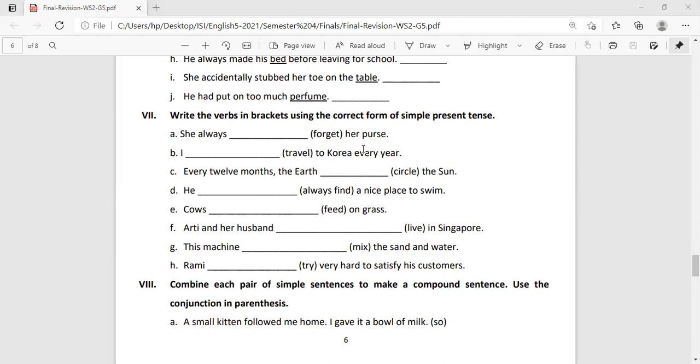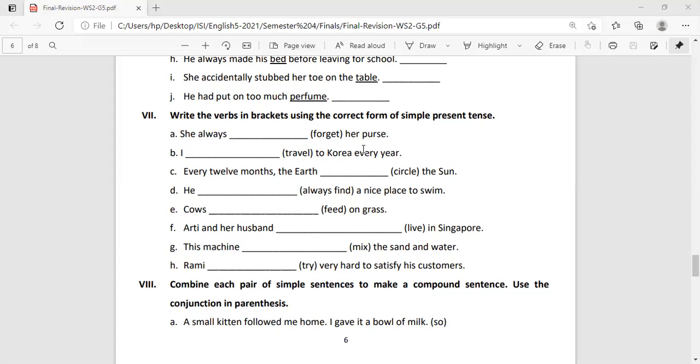Yes, yalla, let's start. I read the first one: write the verb in the bracket using the correct form in simple present tense. She always forgot her purse.